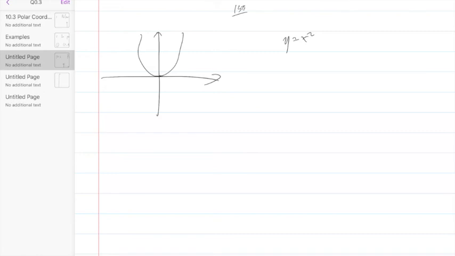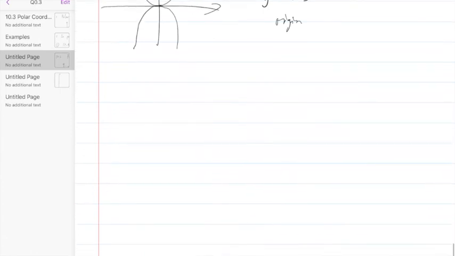You know we have something called an even function, y equals x squared, right? So what we have basically is a reflection with respect to the y-axis, and then a reflection with respect to the x-axis, and then a reflection with respect to the origin.